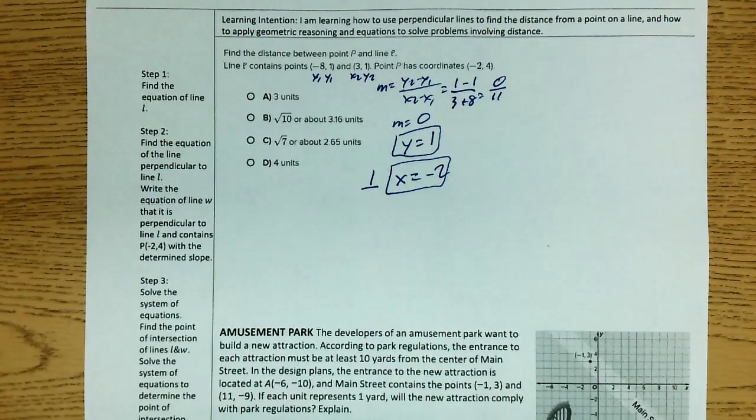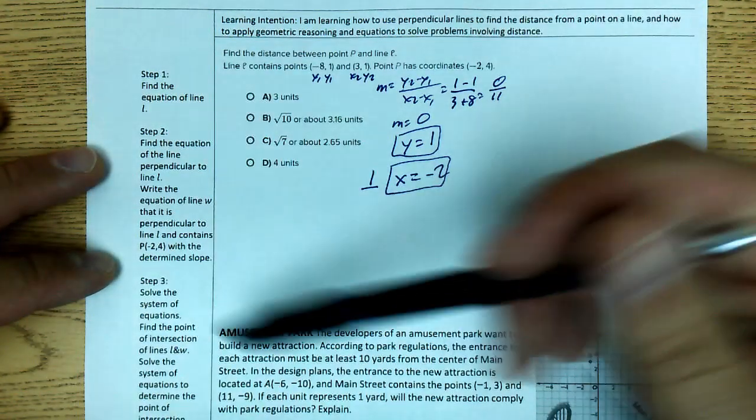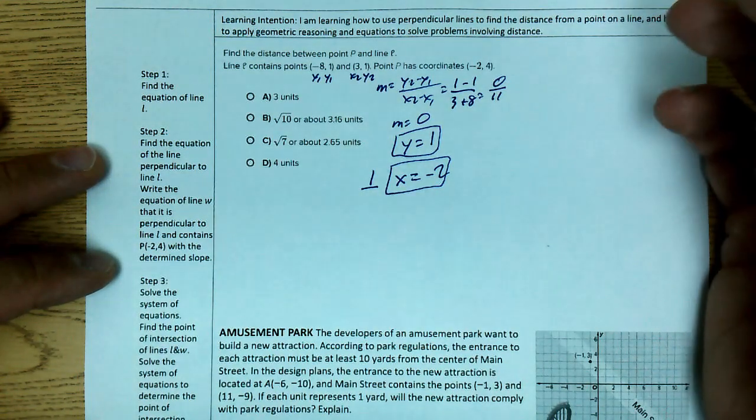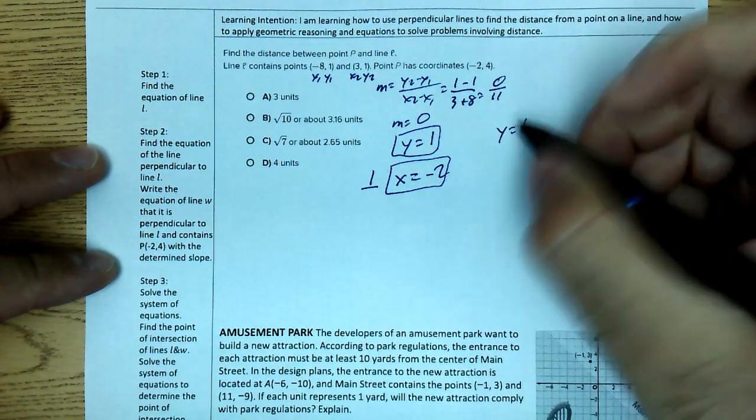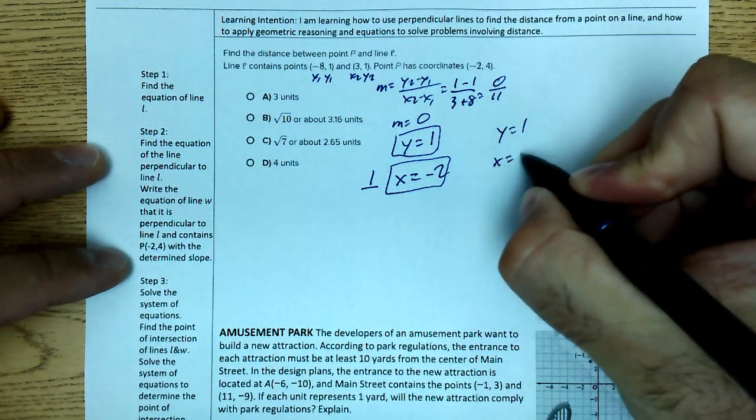Now, I need to solve a system of equations. So let's get to work. Our two lines are y equals 1 and x equals -2.